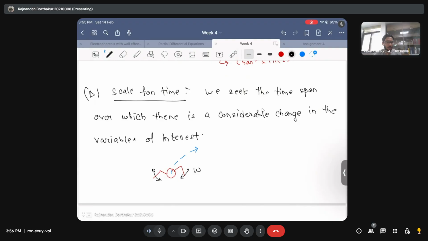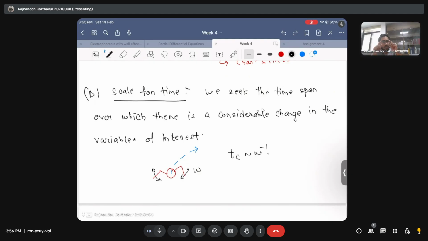Then if I want to evaluate the disturbance that this bird propagates to the quiescent air, that is, the disturbance velocity field, and for that I want to choose a time scale, one option that I have is that I can choose my characteristic time as omega inverse.